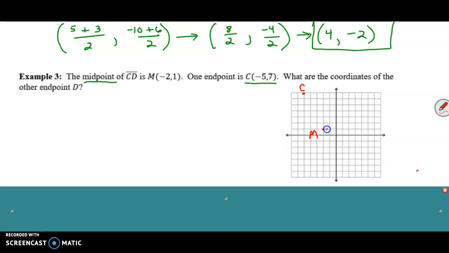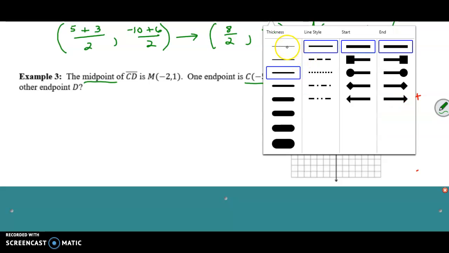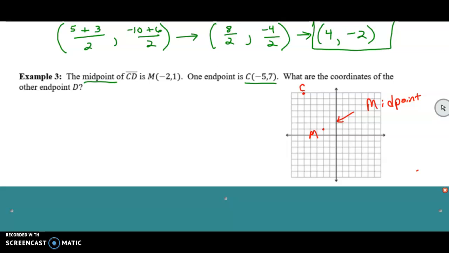So now remember, this is the midpoint of a segment. So that means my segment, let's see if I can get the line tool here. It'd be easier to draw with a line.